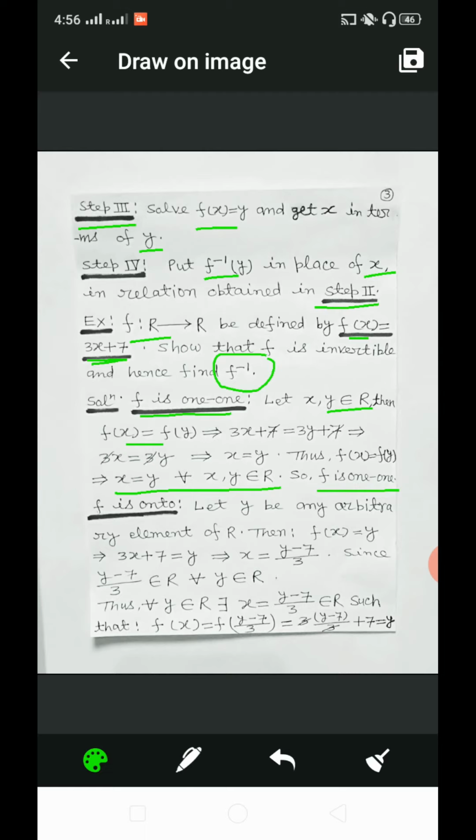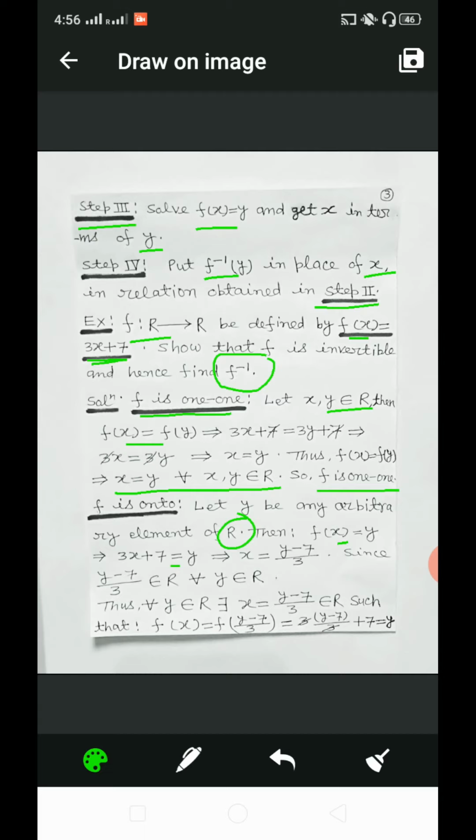For f to be onto, let y be any arbitrary element of R. Then f(x) equal to y implies that 3x plus 7 is equal to y, and we find the value of x in terms of y, that is, x is equal to (y minus 7) by 3.